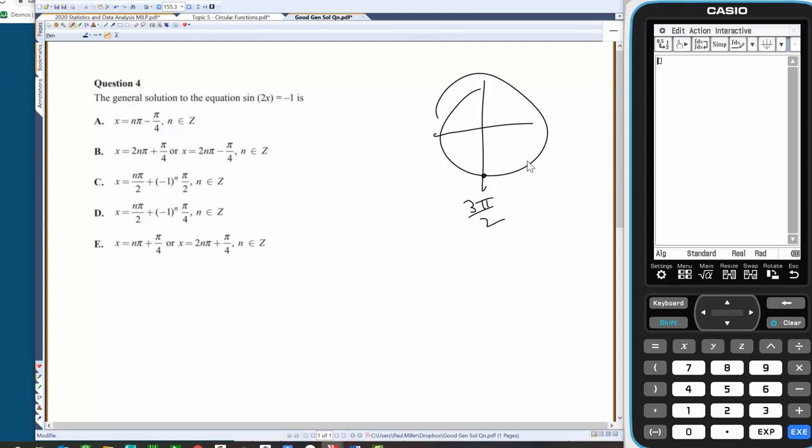So I could say 3 pi on 2, and then it's going to happen one more time around at 6 pi on 2, but I don't need to generate that next solution. So what I'm going to do is say that 2x is equal to 3 pi on 2 plus 2 pi n. Okay. Now, x is then going to equal 3 pi on 4 plus pi n.